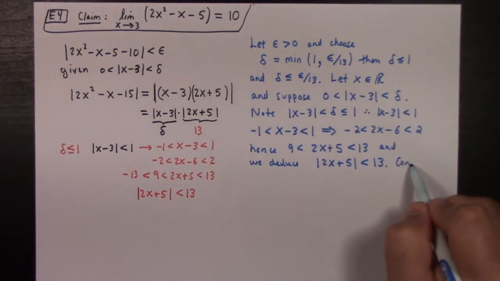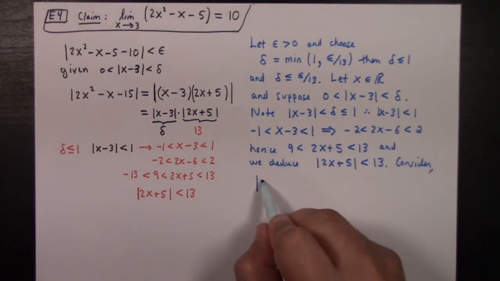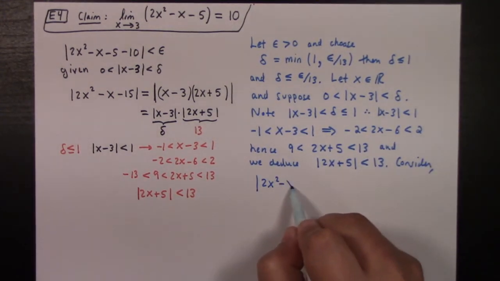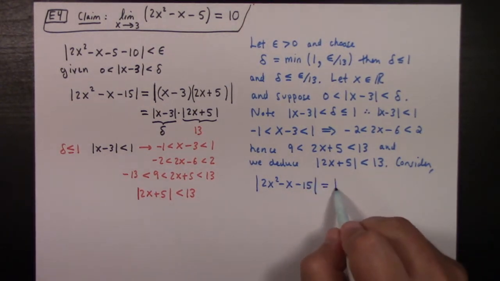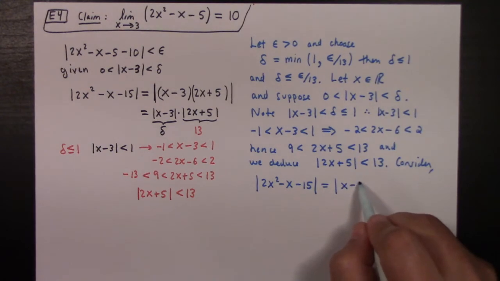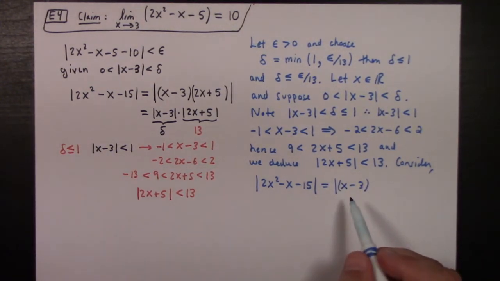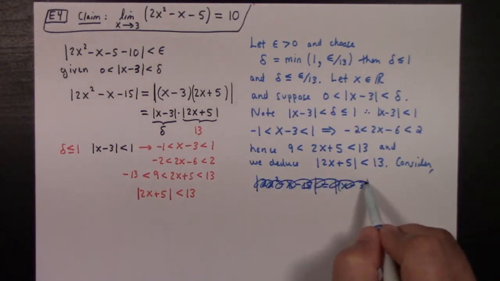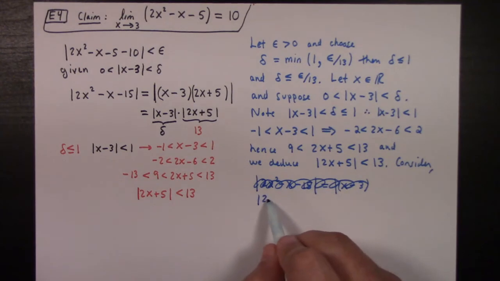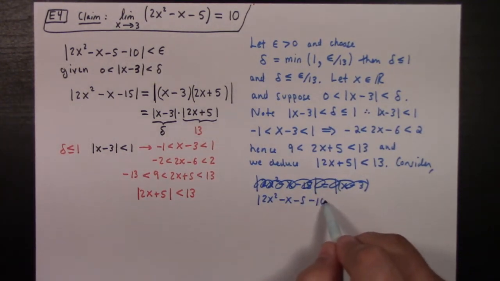Consider then the absolute value of 2x squared minus x minus 5 minus 10.